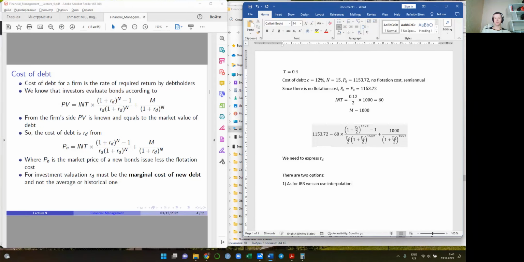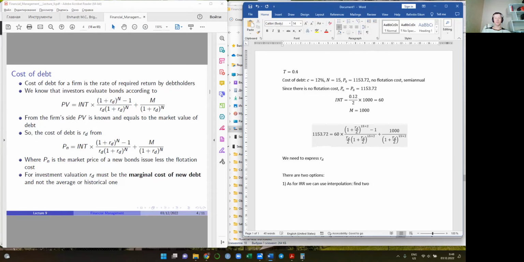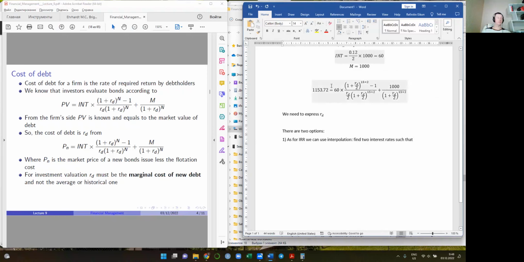So find two interest rates such that, first, the right hand side is less than the left hand side, I would draw like this, and the right hand side is greater than the left hand side.